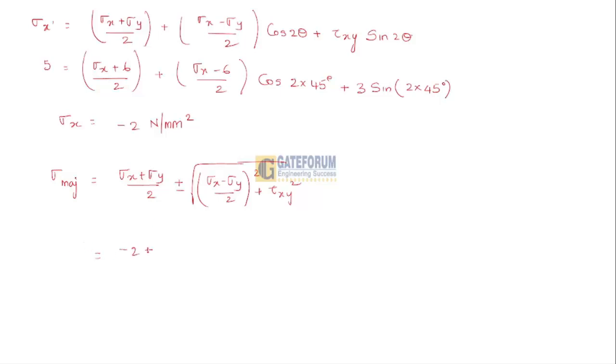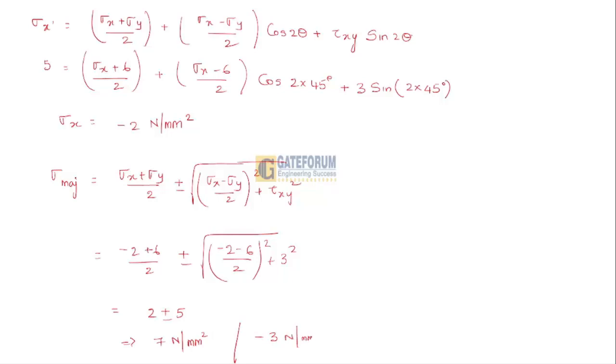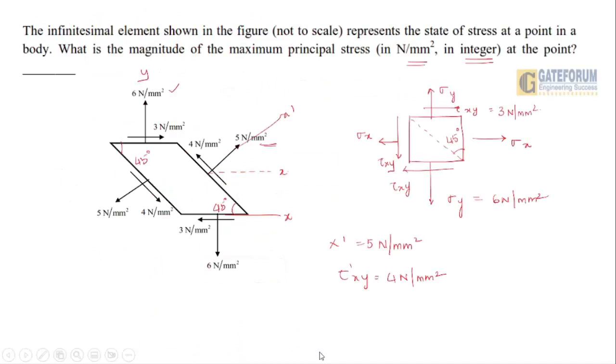That will be minus 2 plus 6 by 2 plus or minus root of minus 2 minus 6 by 2 whole square plus 3 square, which will be 2 plus or minus 5, which will give rise to 7 Newton per mm square or minus 3 Newton per mm square, or megapascal also you can write, right? So obviously the answer will be a maximum of 7 Newton per mm square, right?